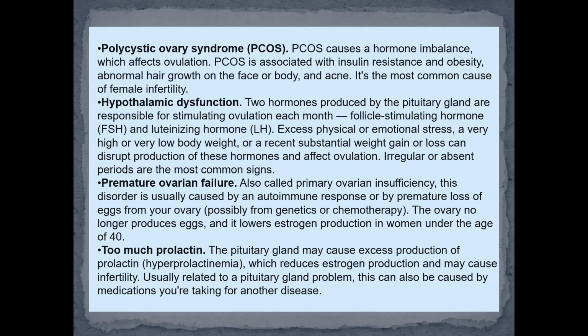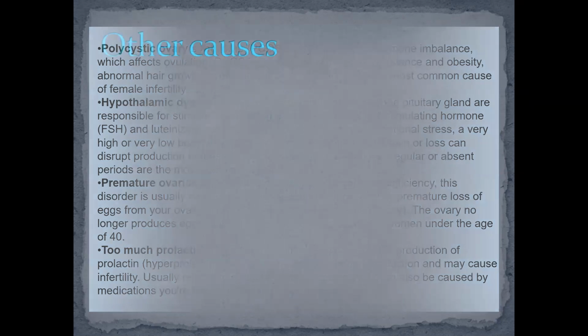Also, we observe increased levels of prolactin in case there are tumors of the pituitary gland, like a microadenoma, and these tumors produce an excessive amount of prolactin, and prolactin suppresses ovulation, and that's why women with hyperprolactinemia have problems with ovulation.